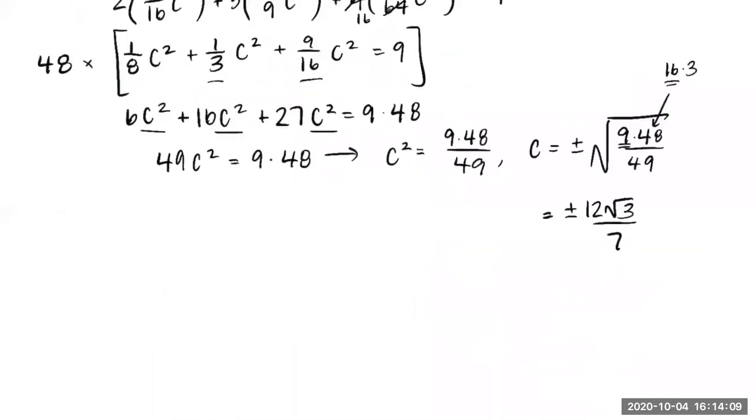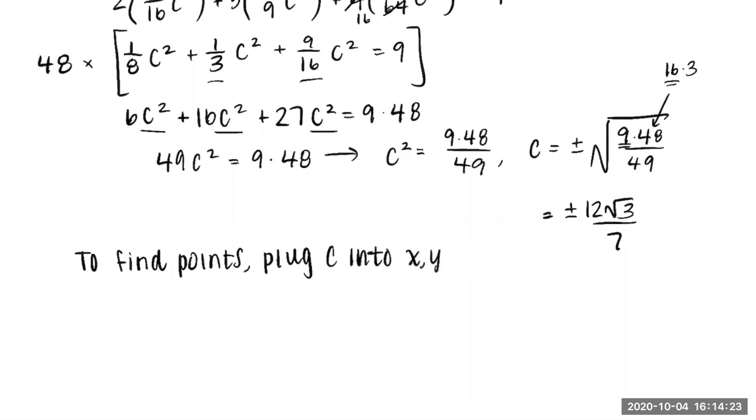All right, so to find points, we just need to plug c into the x, y, and z equations. All right, so remember, x was 1/4 c, y was -1/3 c, and z was 3/8 c.